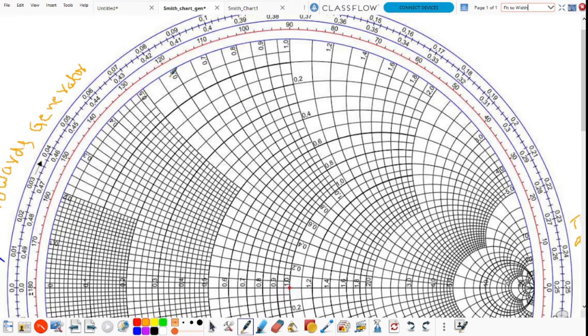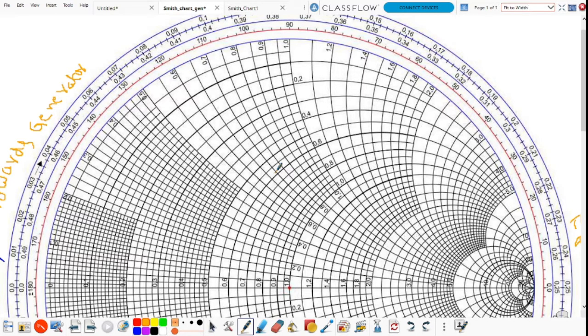This is 0.6, this is 0.7, this is 0.65, and 0.69 is approximately here. So the intersection point of 0.7 and 0.58.